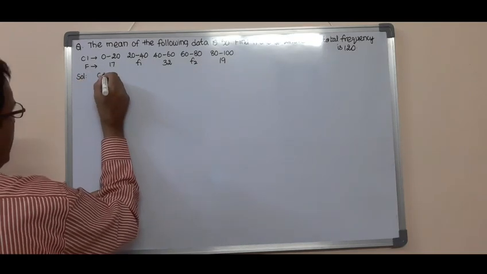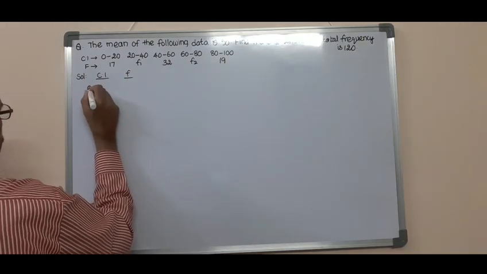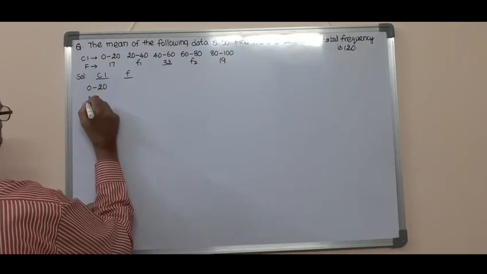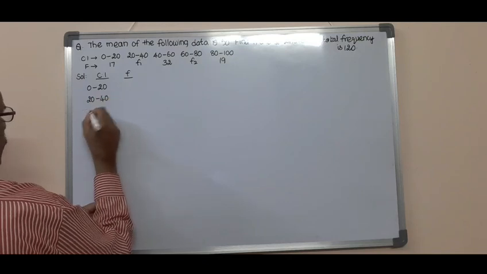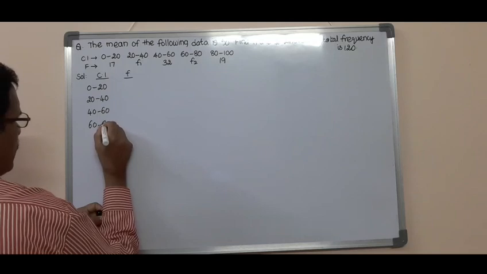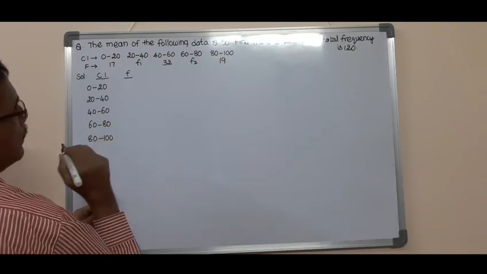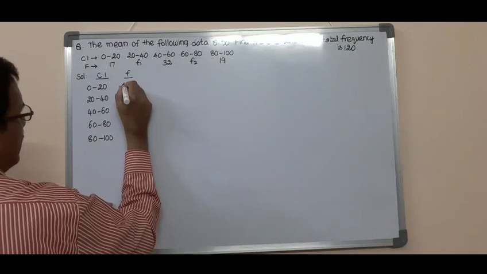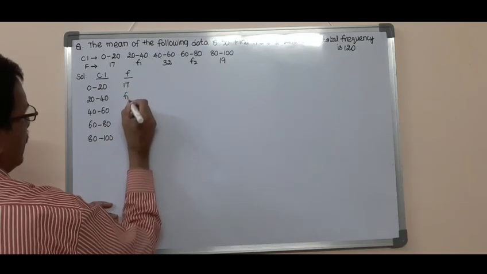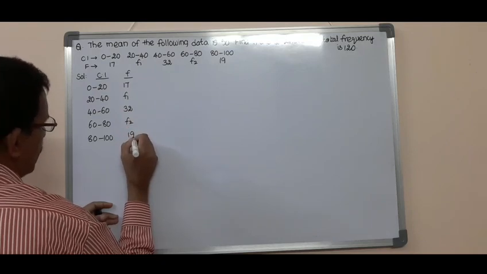In first column we will take class intervals, second column frequency. Now frequencies 17, f1, 32, f2, 19.